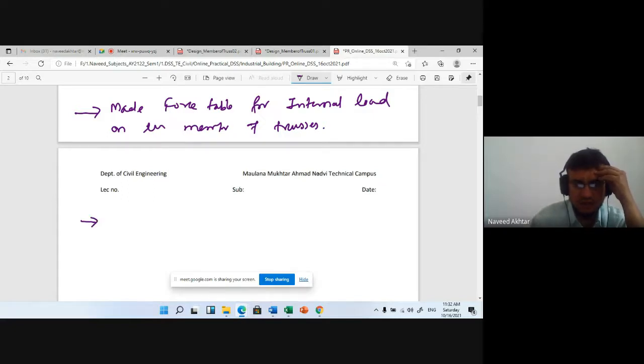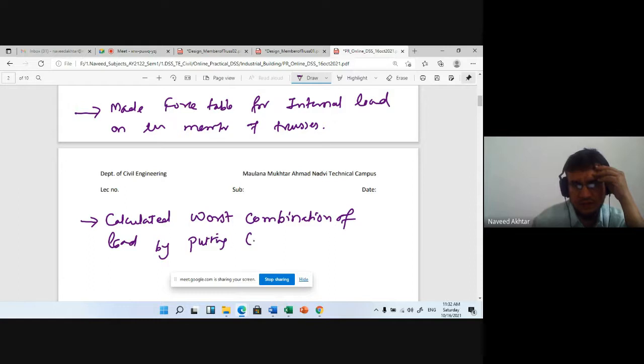Based on this load, we have calculated the worst combination of loading by putting certain partial safety factors as per IS 800 2007.